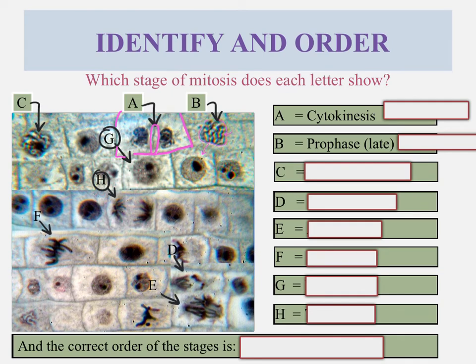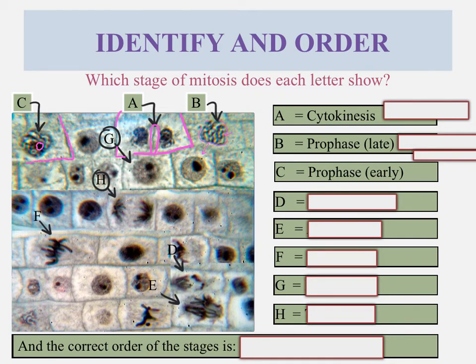Okay, now looking at C, which is over to the left-hand side a little bit, you should have been looking at early prophase. Now here, in early prophase, we've got our chromosomes condensing, but we can also still see the nucleolus. Now, the nucleolus is still very dense, so our cell outline is there.